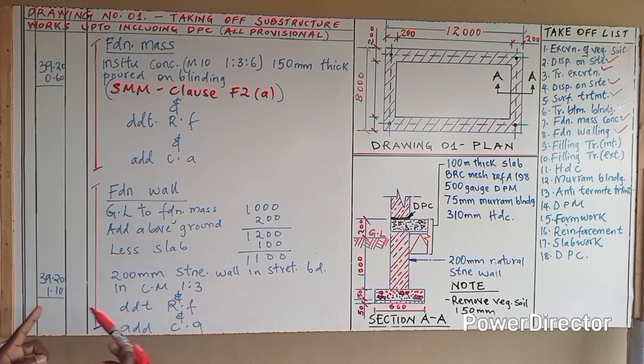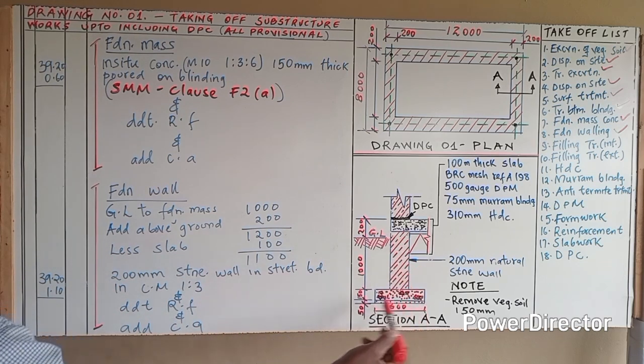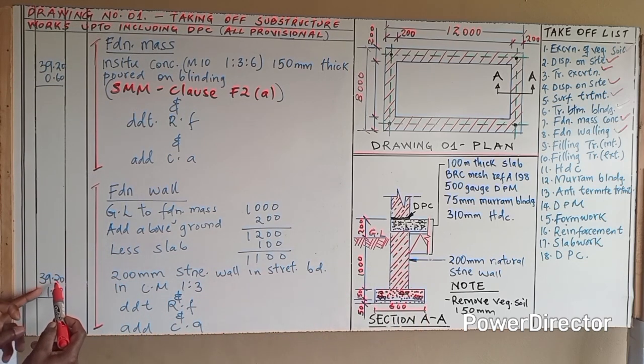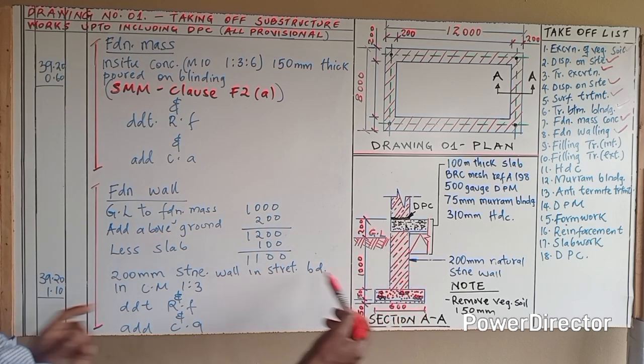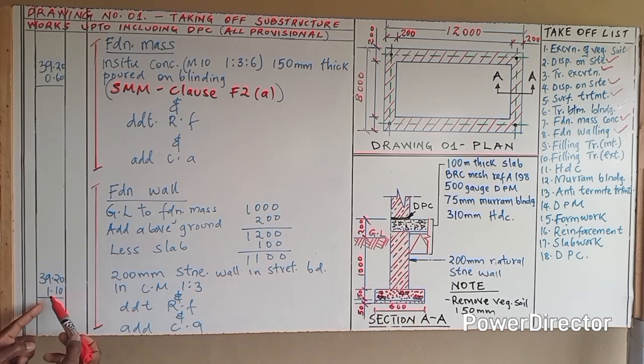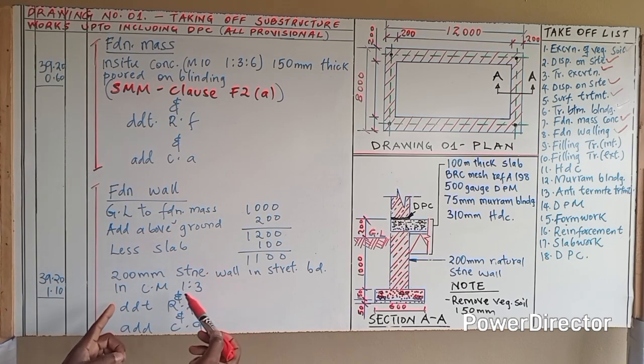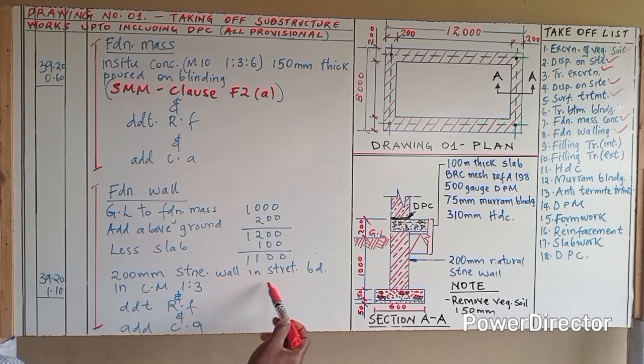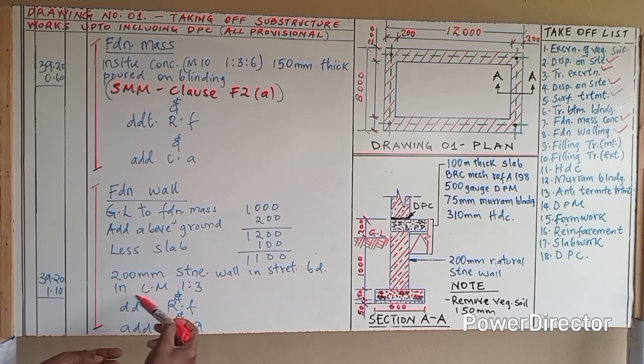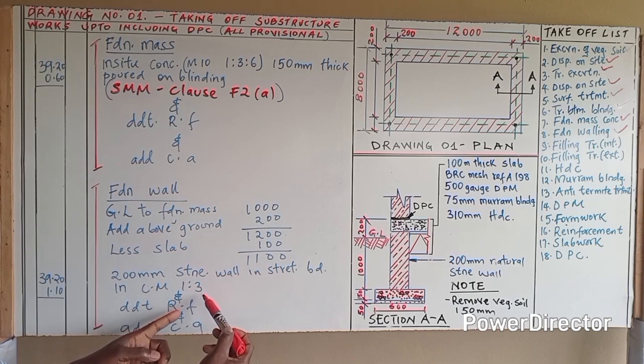So if you have to book that, you book it using the mean girth again of 39.20 by the depth of this one, but now in meters, which is 1.10 meters, and you remember to close. So the description is 200 millimeter stone wall in stretcher bond in cement mortar 1 to 3, and deduct ram and fill, and add a cutaway. I think I've explained this concept of deduct, ram and fill, and cutaway, so you are not floating.